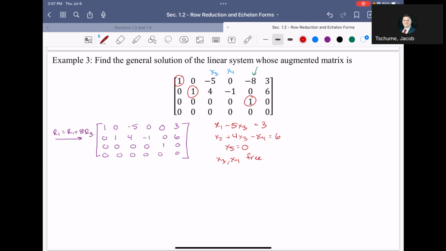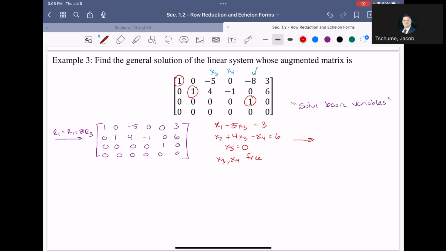Now, what I did not show you on the last slide is you are not done. From this step, and I'm going to write a little note right here above it, you have to solve for the basic variable. So in each of these equations, you need to get the basic variable by itself.